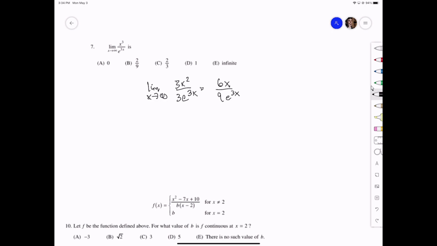That's infinity over infinity again. So you can do 6 over 27e to the 3x. Yeah. So that is 6 over infinity, which is 0, pretty sure.